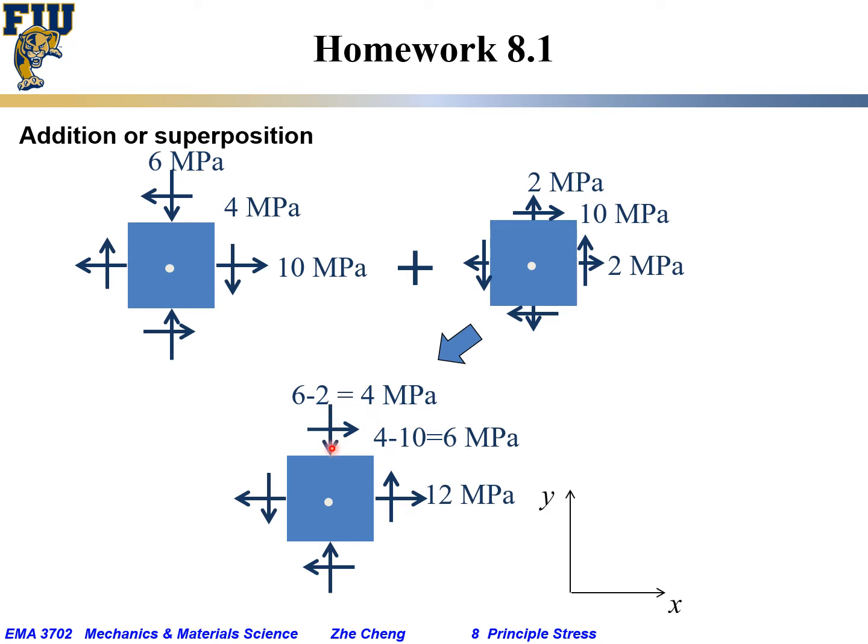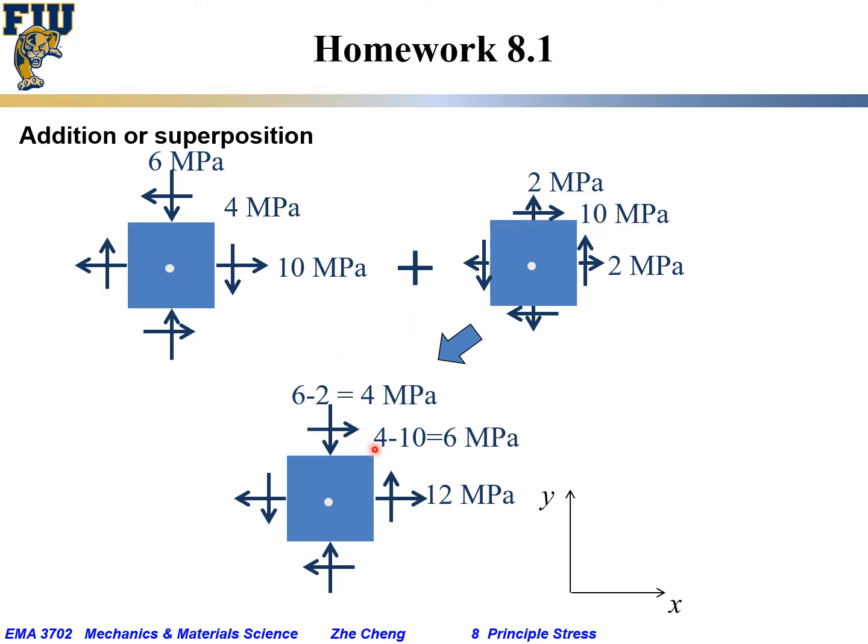Then for shearing stress, for the x-plane, the plane perpendicular to the x-axis, we have 4 megapascal rotating clockwise, but 10 megapascal rotating counterclockwise. So the net would be 6 megapascal rotating counterclockwise. For the y-plane, the plane that is perpendicular to the y-axis, we have 4 rotating counterclockwise, 10 rotating clockwise.